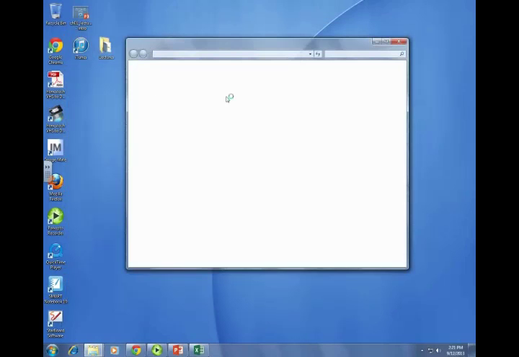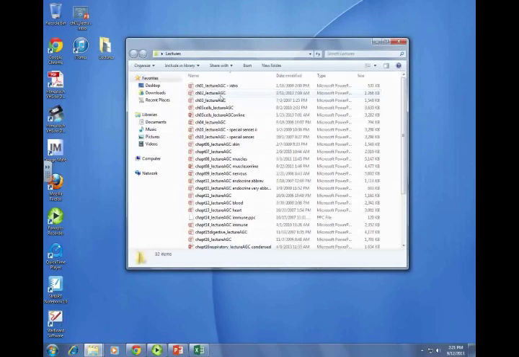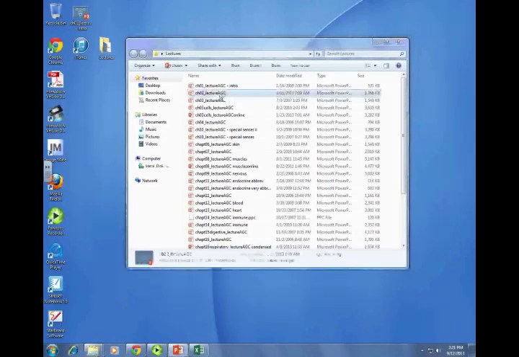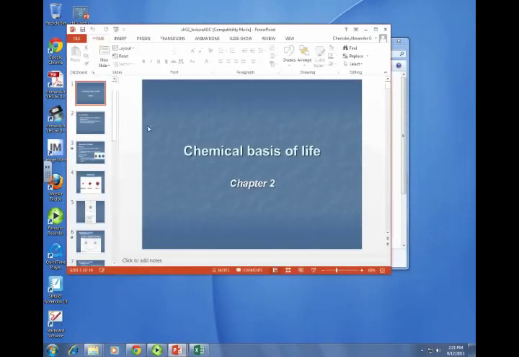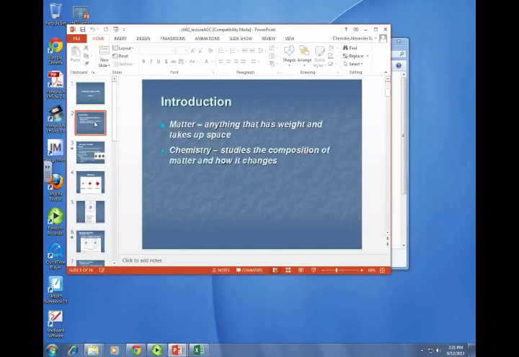Chapter 2, we started at the bottom of that whole organizational scale, if you will, and we went down to the chemical level of the body. And so with chemistry, we start out with some basic definitions, like what is chemistry, what's this stuff? It's studying the composition of matter and how it changes, but then what's matter, right? Stuff like that. And then we moved into talking about elements.